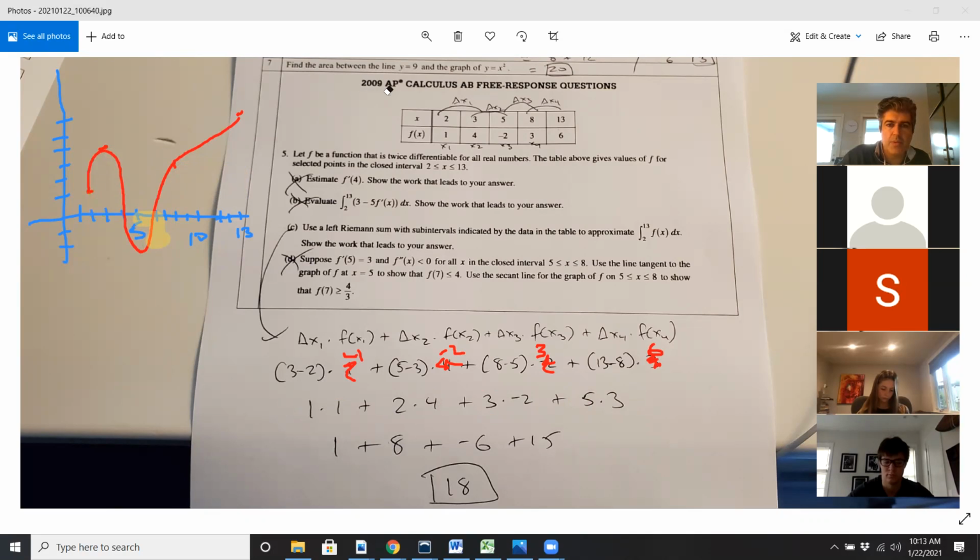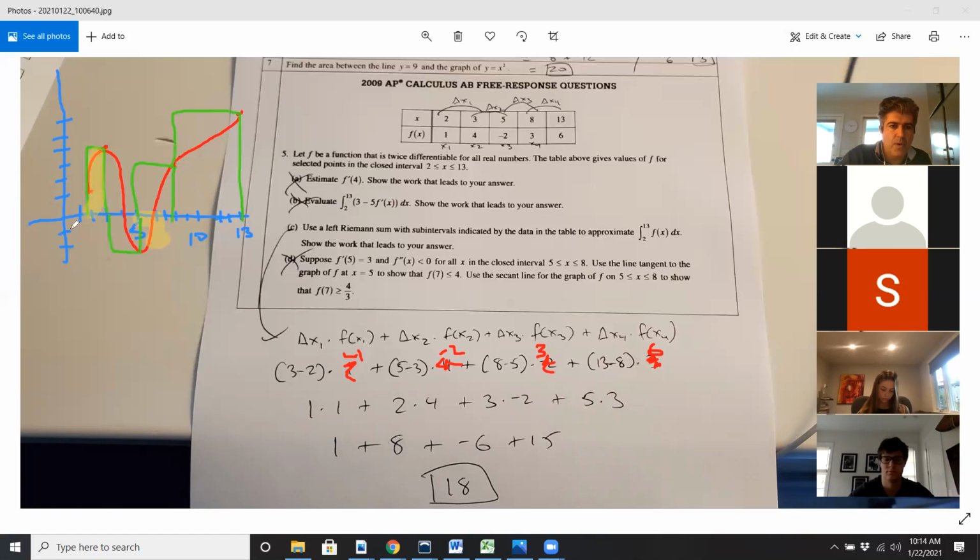If you want to visualize it, let's go to green, you want the right endpoint to be touching. So you have that, you have that, and you have that.